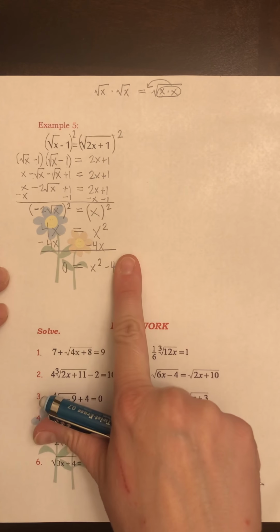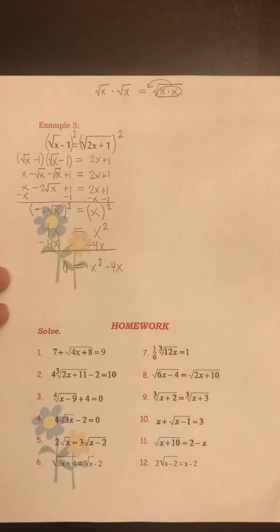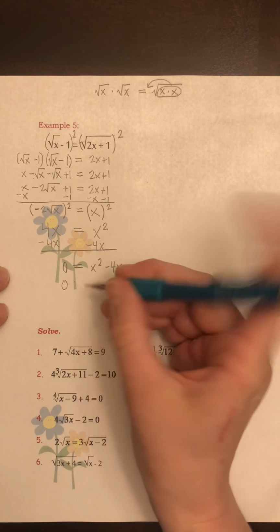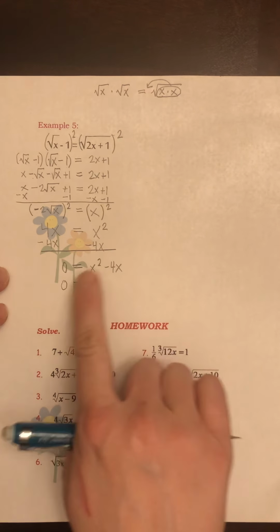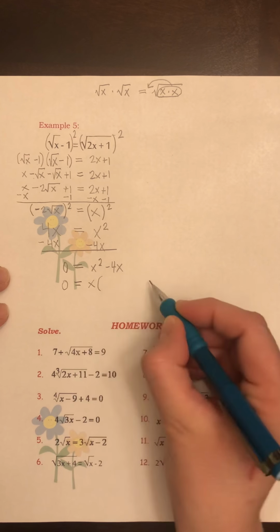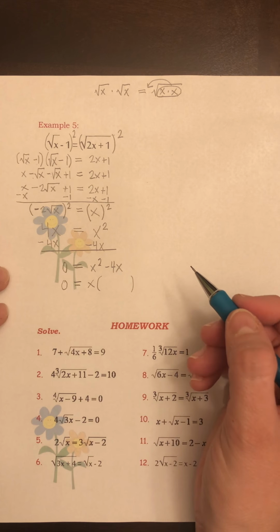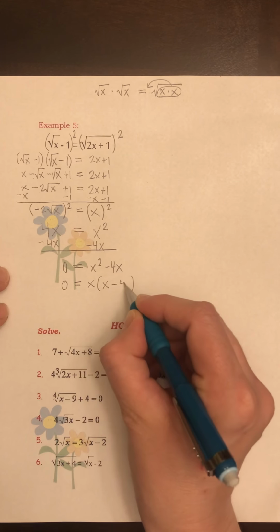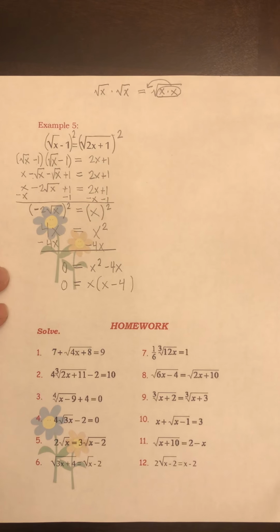If it had just been x squared minus 4, we could have done a difference of squares, but it's not. However, we do have a GCF because these have an x in common. So I'm going to take it out. When I take it out, I'm taking it out using division. That's going to leave me with x minus 4. So I factored it by taking out a GCF.